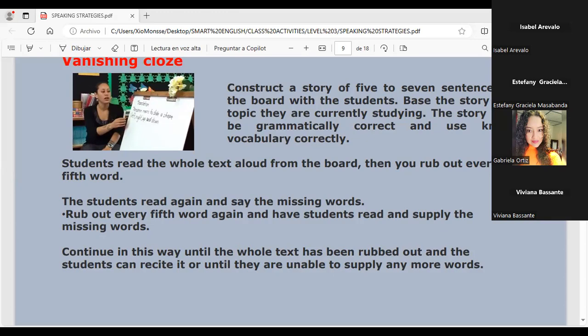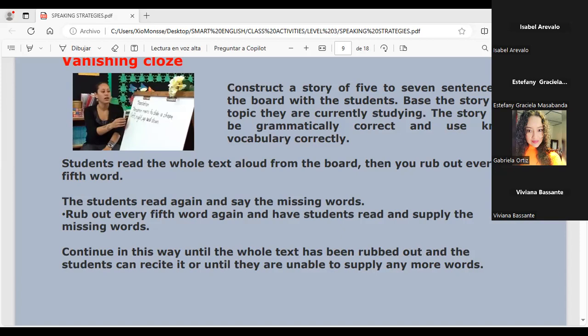The students read again and say the missing word. Rub out every fifth word again and have students read and supply the missing word. Continue in this way until the whole text has been rubbed out and the students can recite it, or until they are unable to supply any more words.